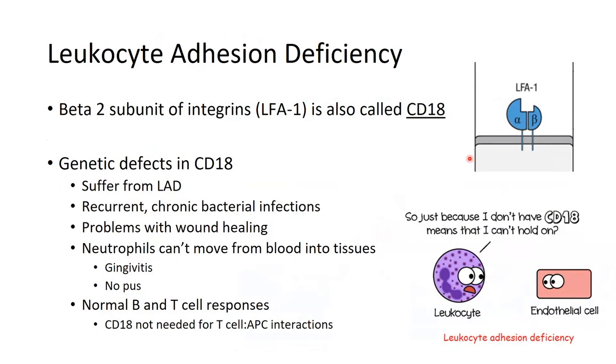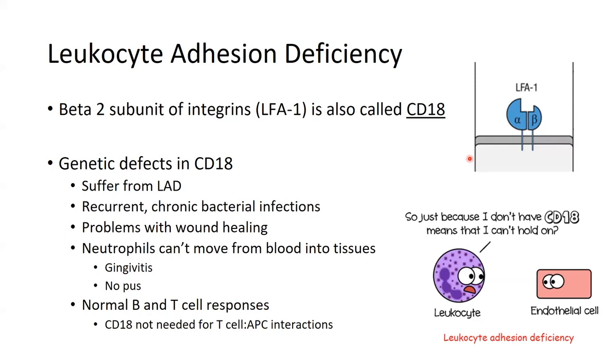Okay, so to illustrate that this is important, there is something called leukocyte adhesion deficiency, which results from mutations in the CD18 gene. CD18 is a subunit of an integrin that plays an important role in the binding of leukocytes to the endothelium. Leukocyte adhesion deficiency, LAD, involves recurrent chronic bacterial infections and problems with wound healing.